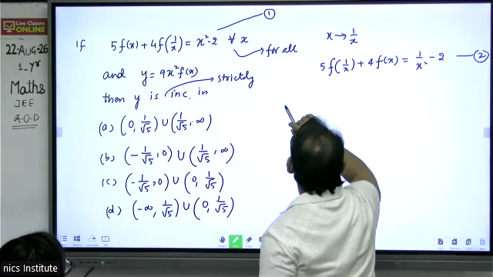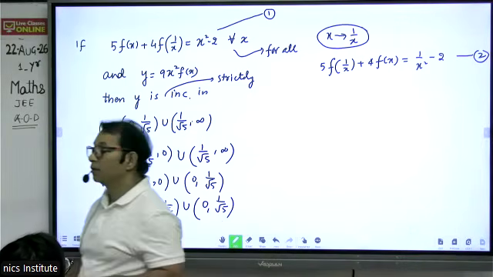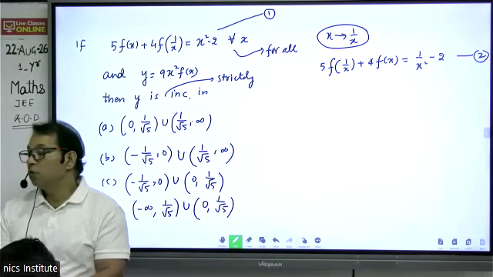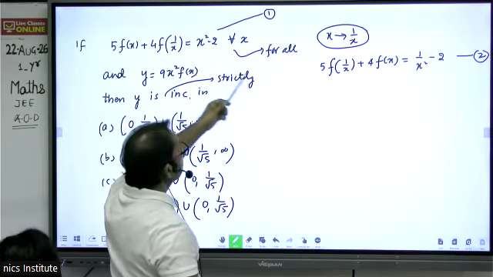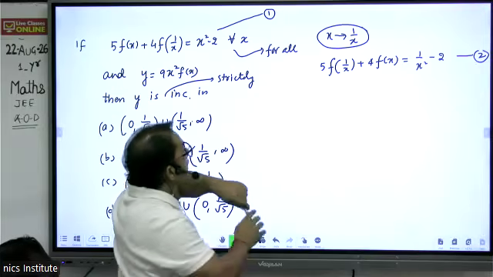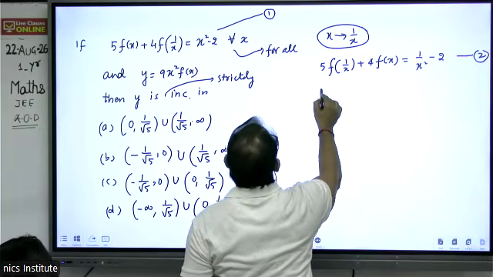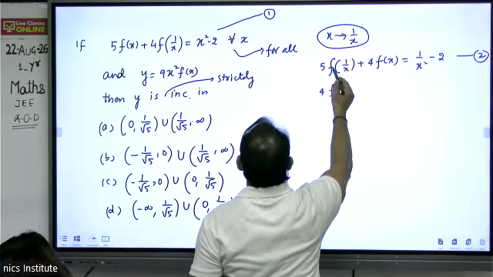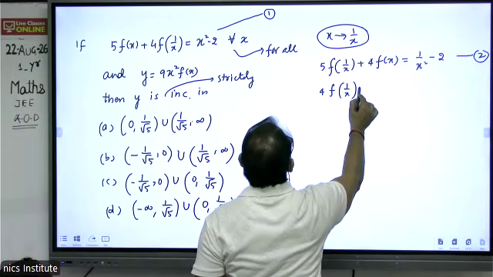Now, what you do is you either substitute f of 1 by x from here over there, or else multiply equation number 1 by 5 and this by 4 and subtract. This is equation number 1.